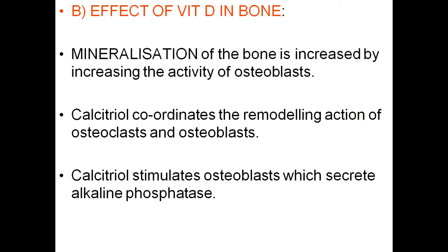Now it has an effect on bone also. So the second target tissue is bone, the effect of vitamin D in bone. The mineralization of the bones is increased by increasing the activity of osteoblast cells. Two types of cells are active in the bone, osteoblast cells and osteoclast cells.